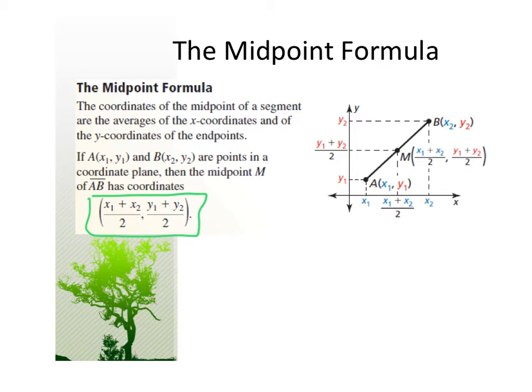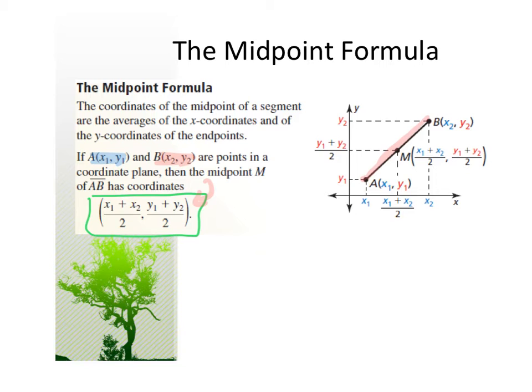If point A is x1, y1, and point B is x2, y2, then the midpoint has these coordinates. We take the x's of each ordered pair, add them, divide by 2, take the y's, add them, divide by 2. What we're trying to find is the midpoint of this segment right here.